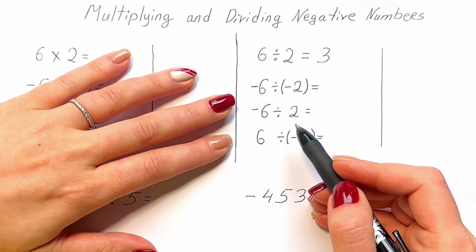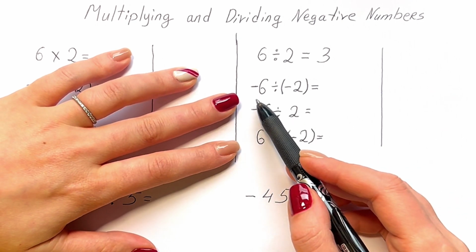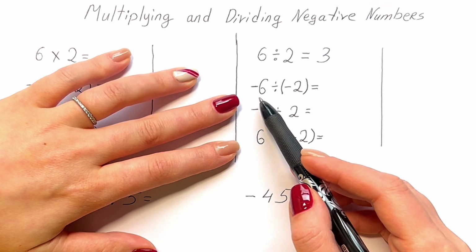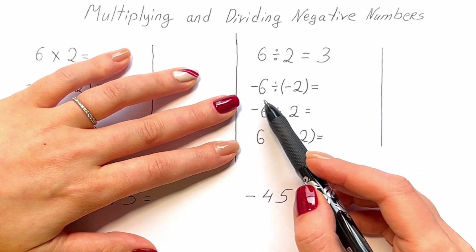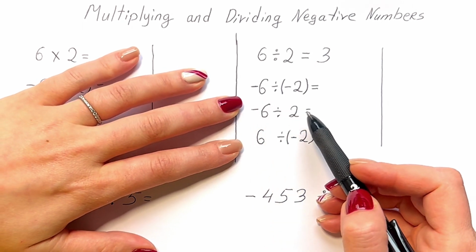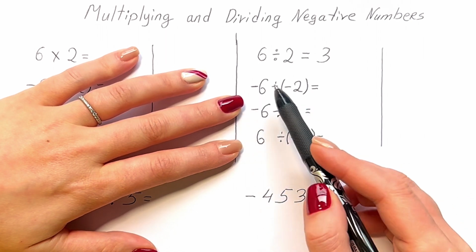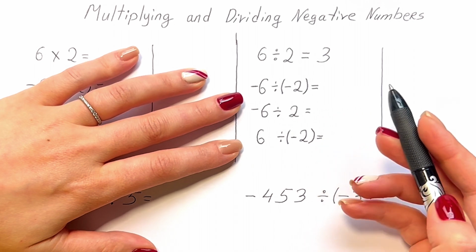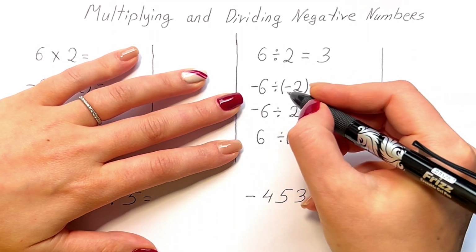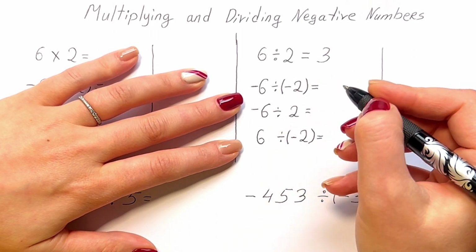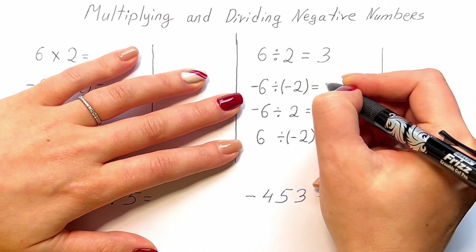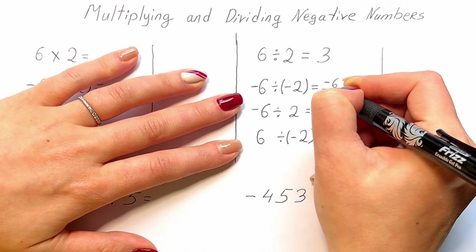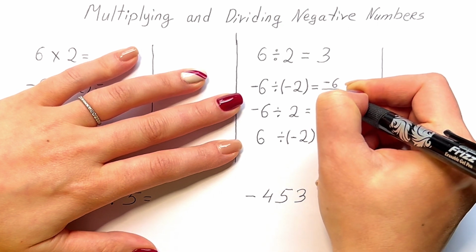Okay. When we have negative 6 divided by negative 2, my dividend and divisor both are negative. If both are negative, we're going to simplify, cancel them out. Let me represent this division as a fraction.